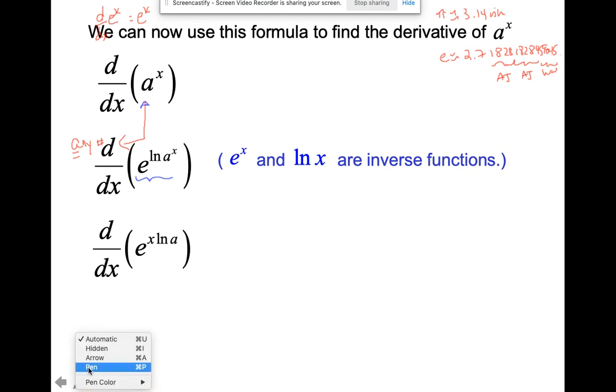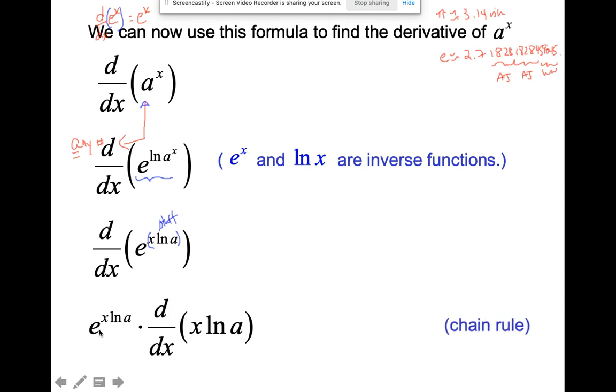Now notice that I have rewritten myself into a place where I can use the derivative of e to the stuff, right? This is just e to the stuff. How do I take the derivative of e to the stuff? I say e to the stuff, spit out the derivative of the stuff.